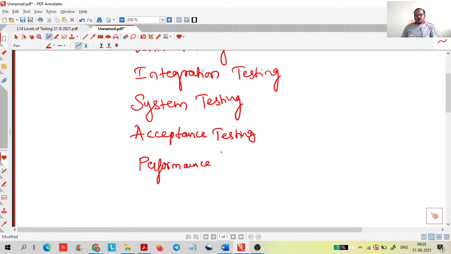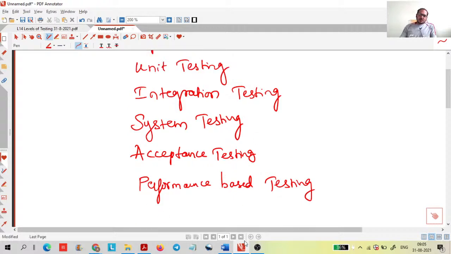We'll cover all these different testing methods and levels.